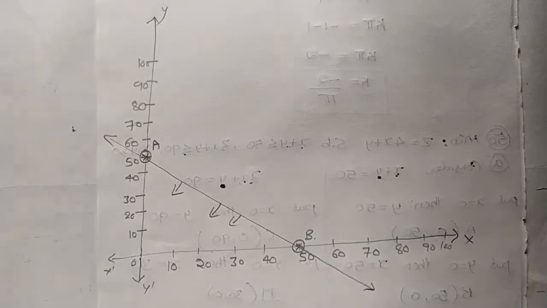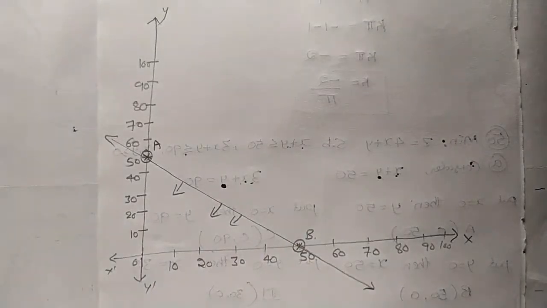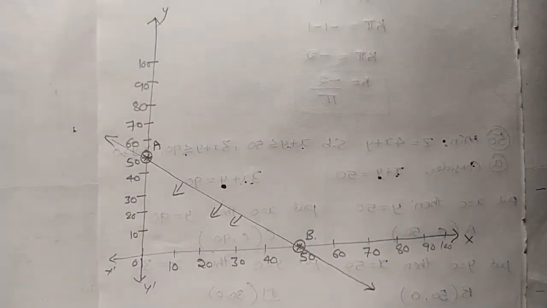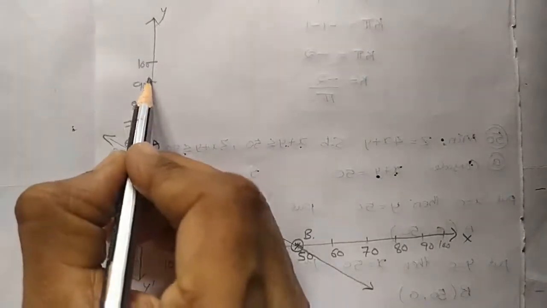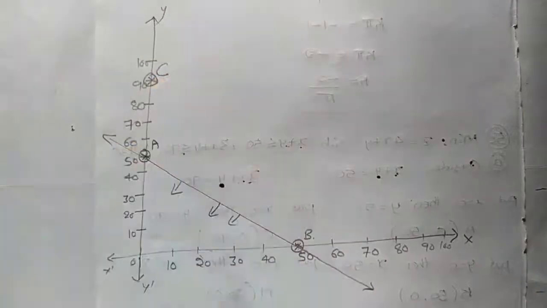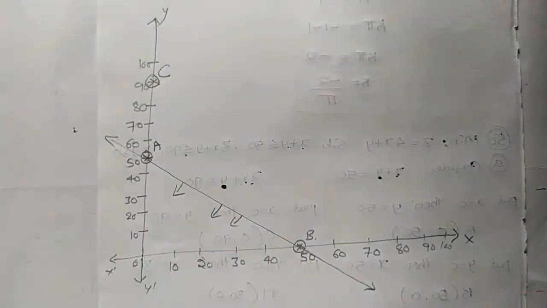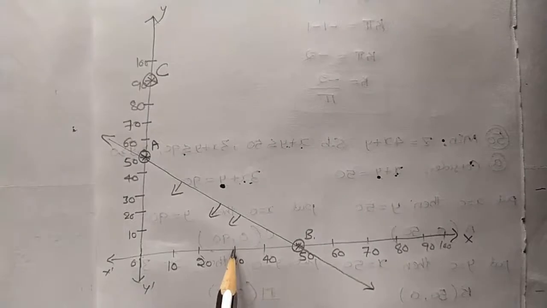Next, see the second one. Point C is what? 0, 90. X 0, y 90. It is a point C. Next, point D is what? 30, 0. X 30, y 0.